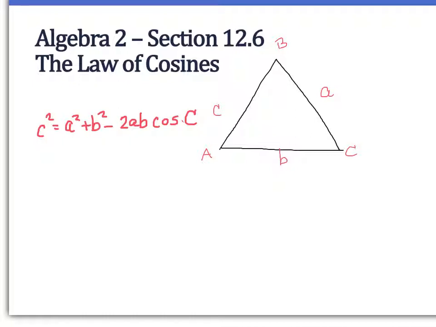So the nice thing about this formula is that the ends will always match. Side C, angle C. Well, let's say that I don't want angle C, I would like angle B or side B. So I'm going to trade the B's for the C's, or the C's for the B's, as the case may be.